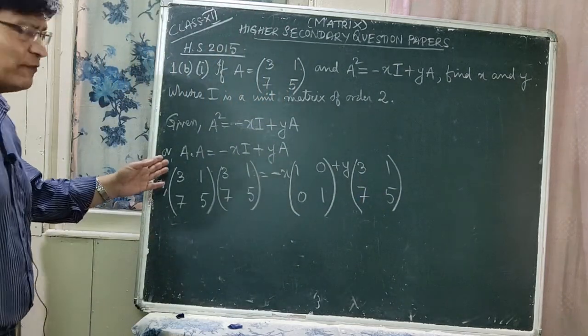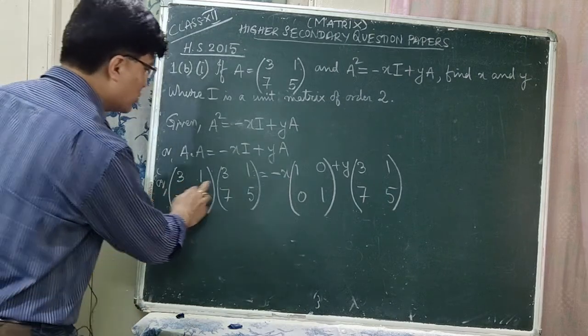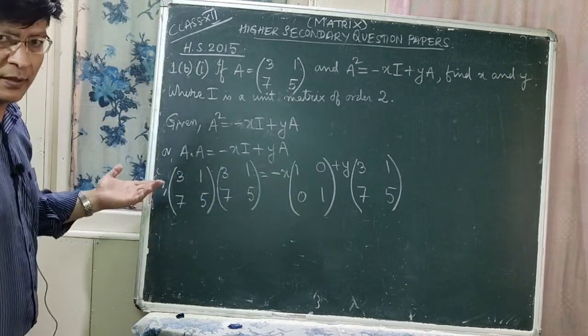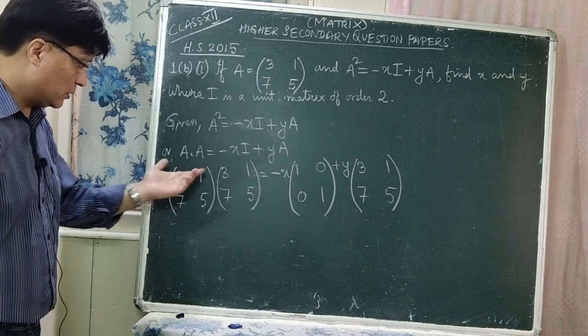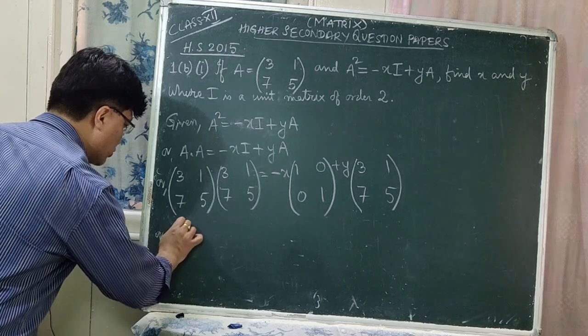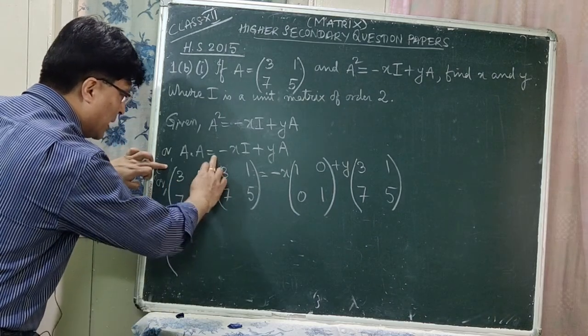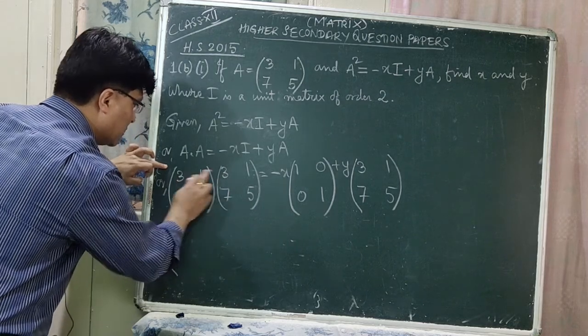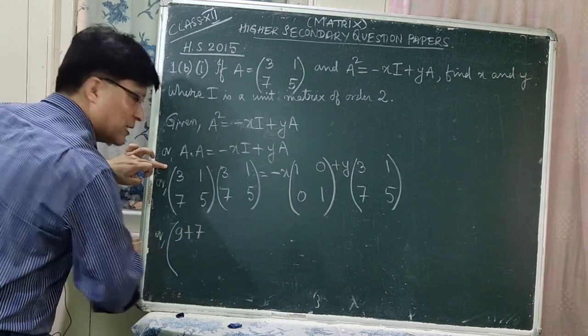So now you know how to simplify it, isn't it? You have to multiply these two matrices, 2 columns and 2 rows. The number of columns is equal to the number of rows, so you can multiply them row by column. Multiply row by column. 3 3s are 9 plus 1 7s are 7.